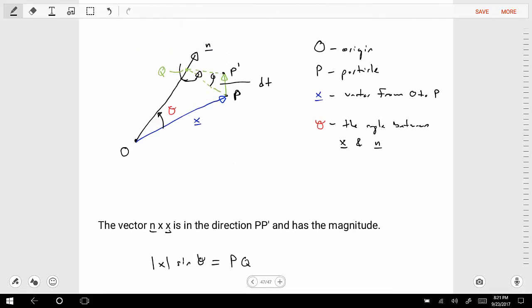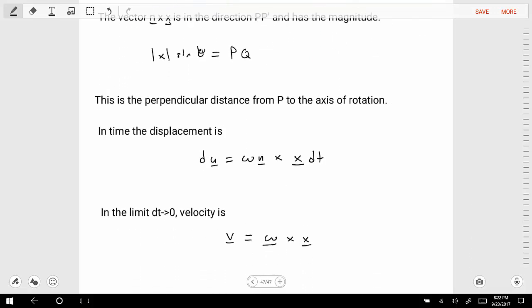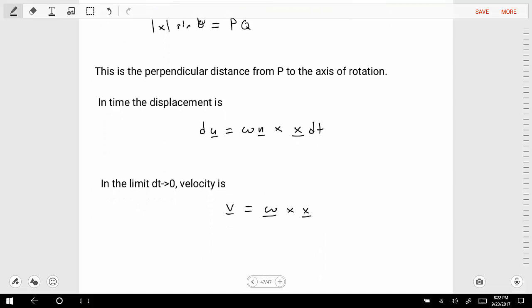So in essence, we're creating a surface of x and n, and that surface is telling us the direction. It's orthogonal to those. It's telling us the direction that our velocity is going to take, right? And by integrating time into this equation, we're actually able to find the velocity of this particle.